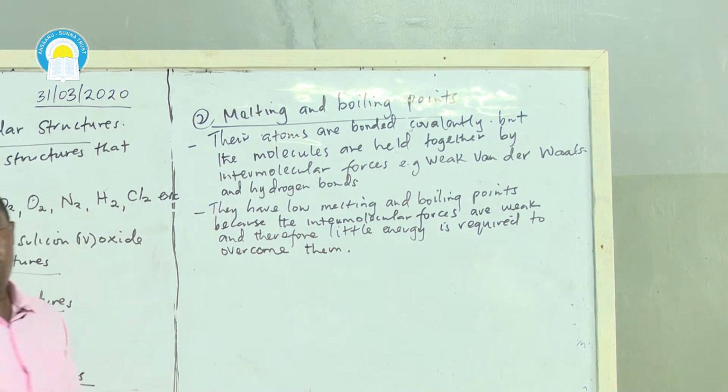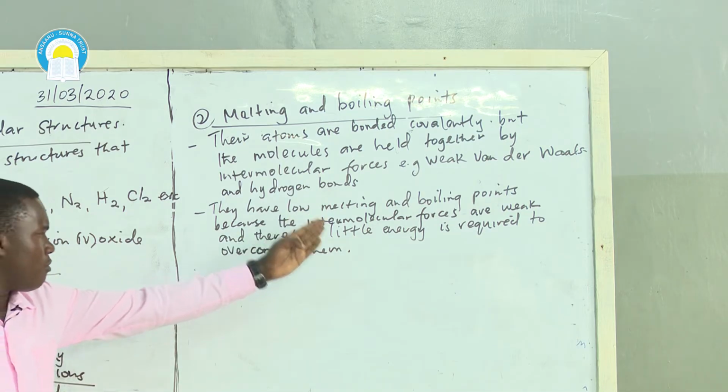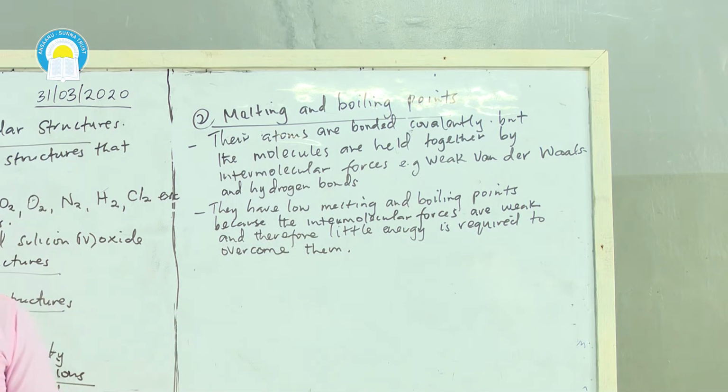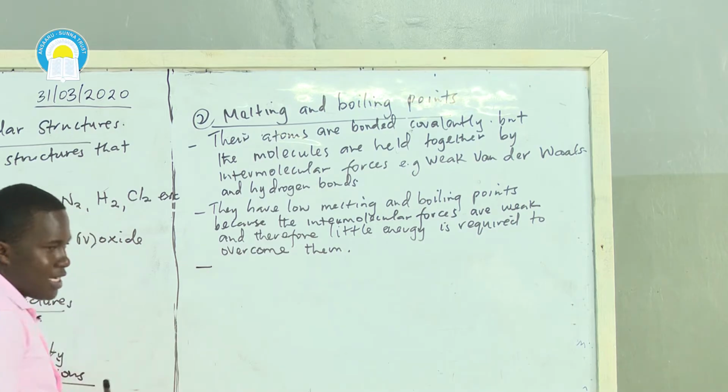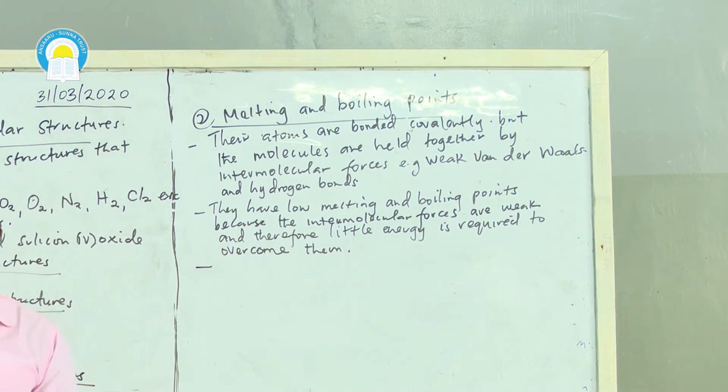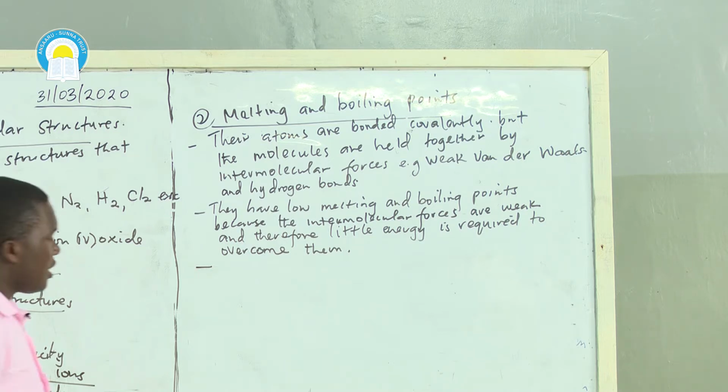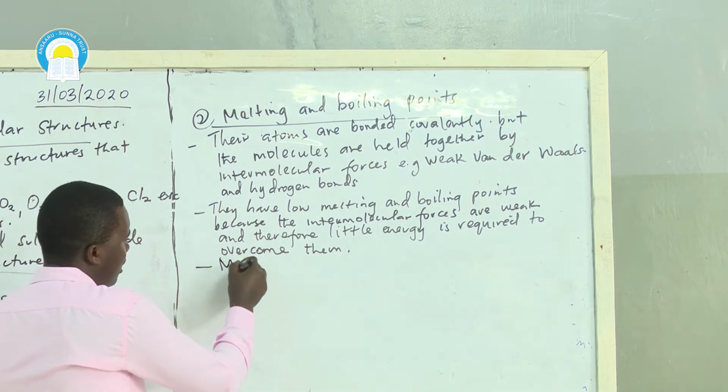So to break those intermolecular forces, you need to apply very small energy, and therefore they will have very low melting and boiling points. So it is also important to note that melting involves breaking the intermolecular forces, not the covalent bonds in the molecules.